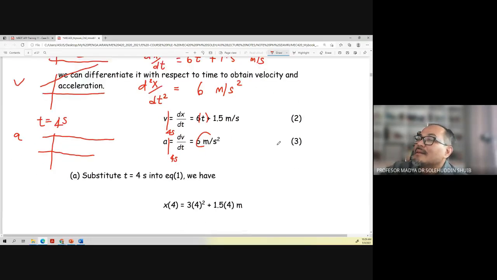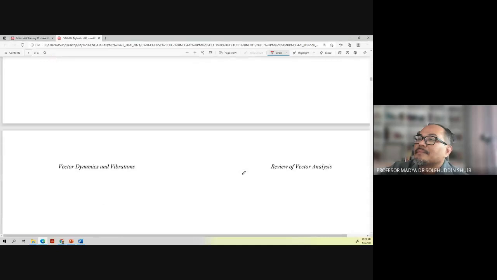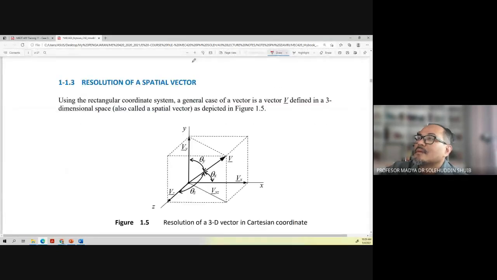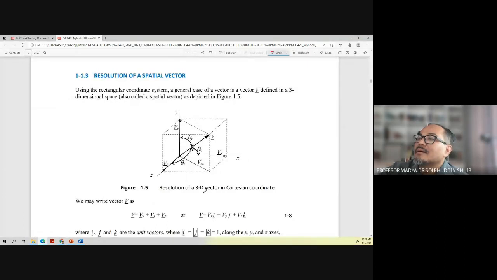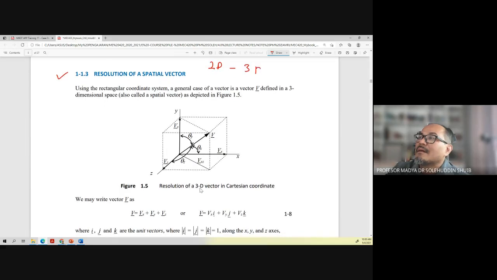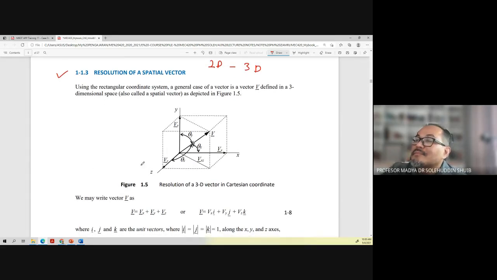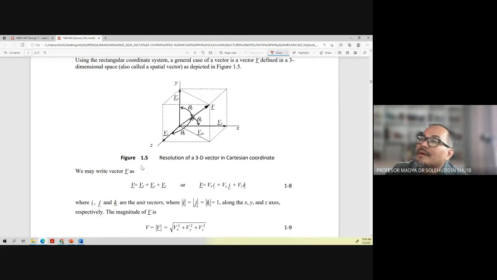Okay. All right. What else I want to highlight here? We have mentioned also last time 2D, and now we move from 2D to 3D. Okay, for 3D, before we have X and Y, now for 3D we have Z. Okay, so we also have what we call the directional angle.